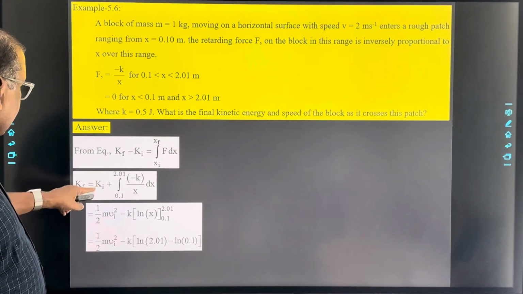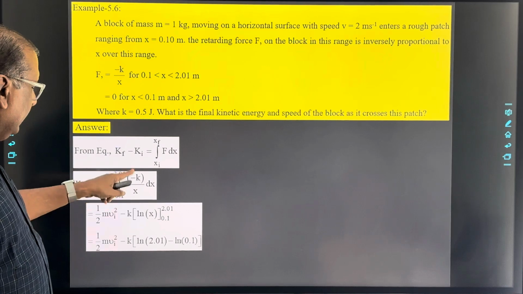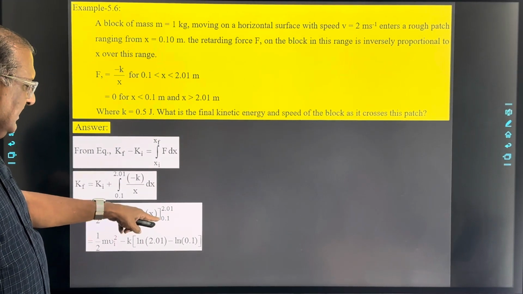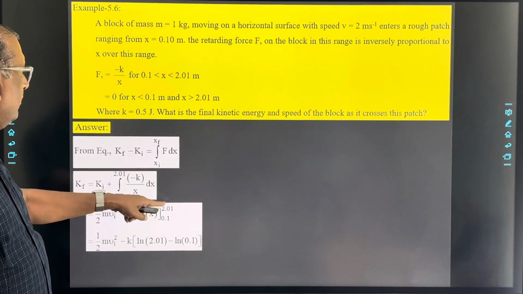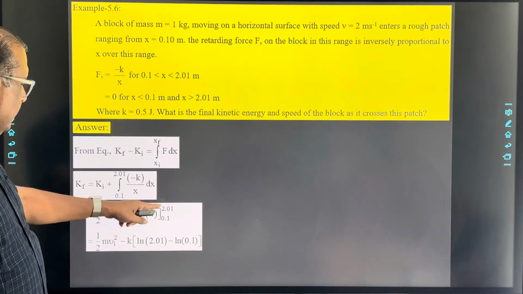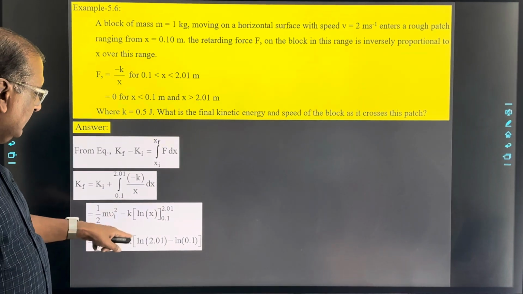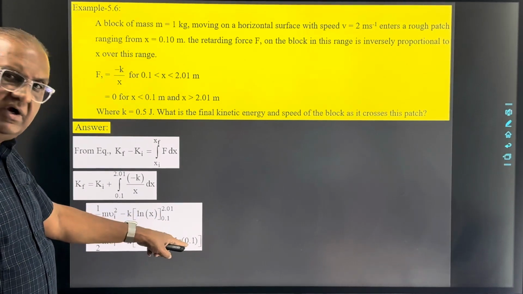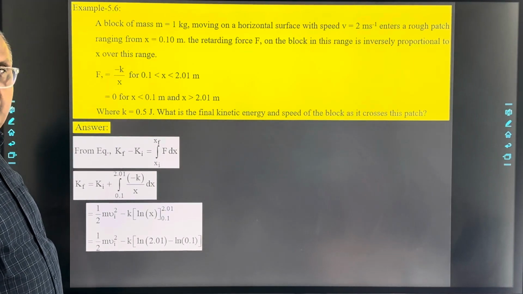So Kf equals half m vi square minus k times the integration of 1 upon x dx, that is ln x, and limits are 0.1 lower limit and 2.01 upper limit. Now substitute the limits here. First x equal to upper limit, so ln 2.01, minus x equal to lower limit, so ln 0.1.